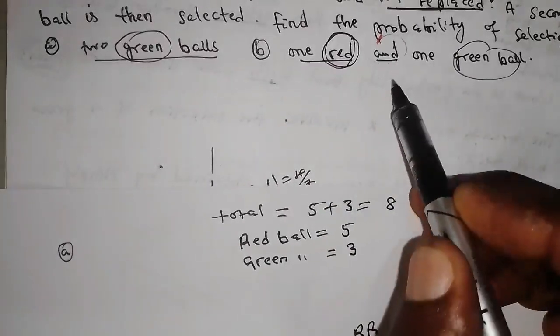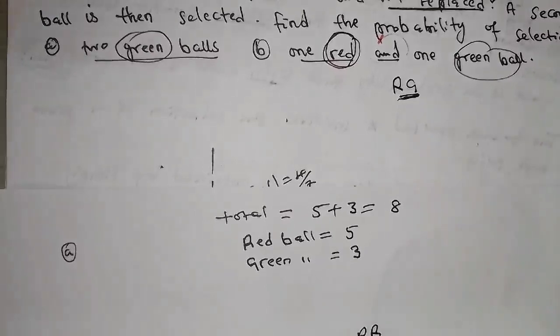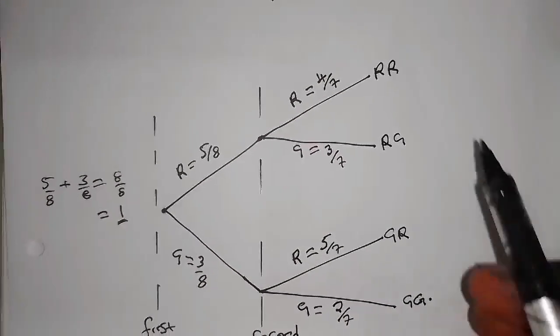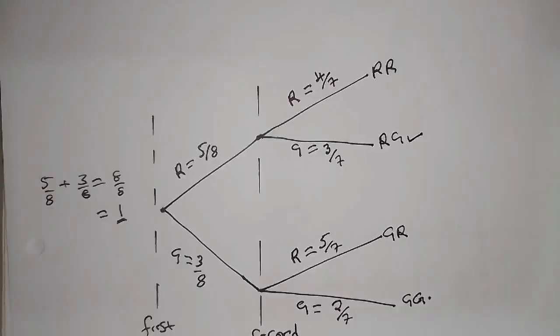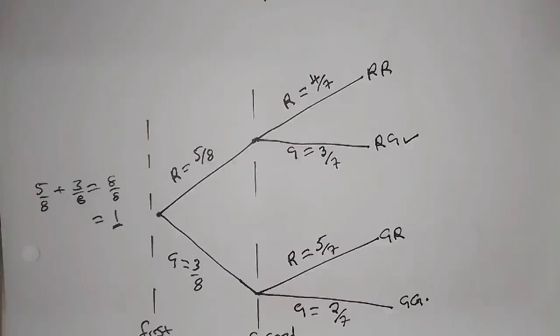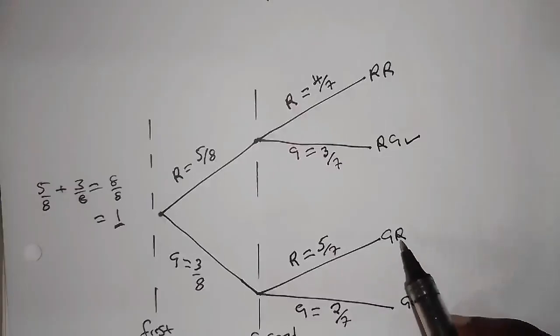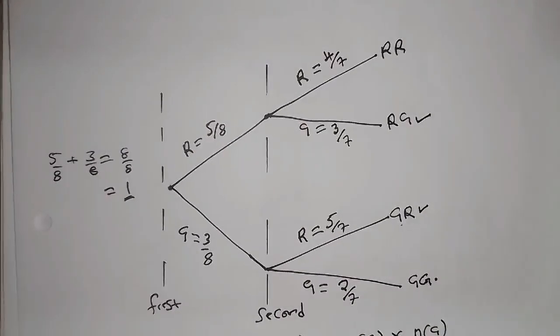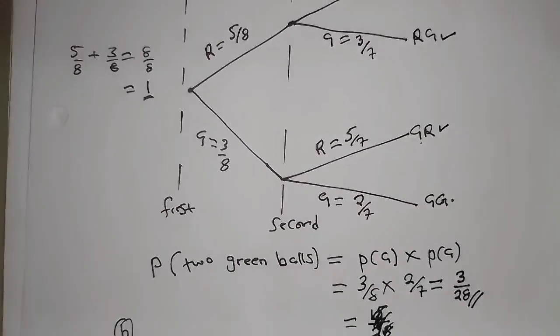So red and green. So you go back to the tree. Red and green, so it is this one. Then you also have another one, either this green or red. So anything with this combination.